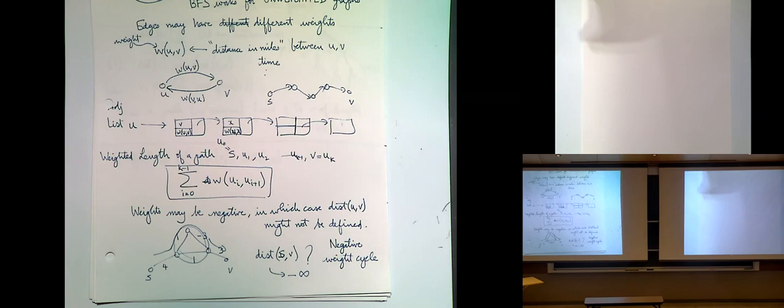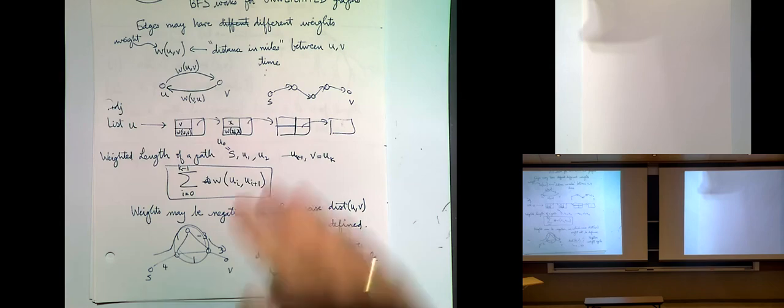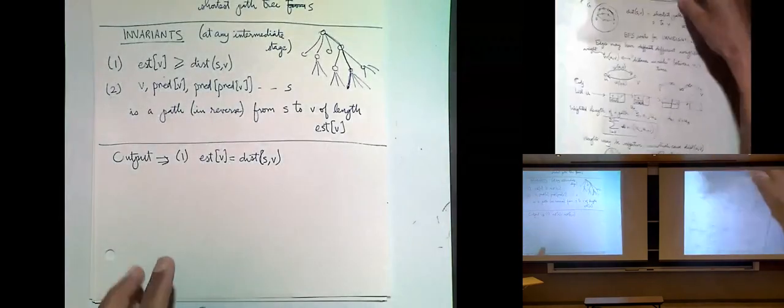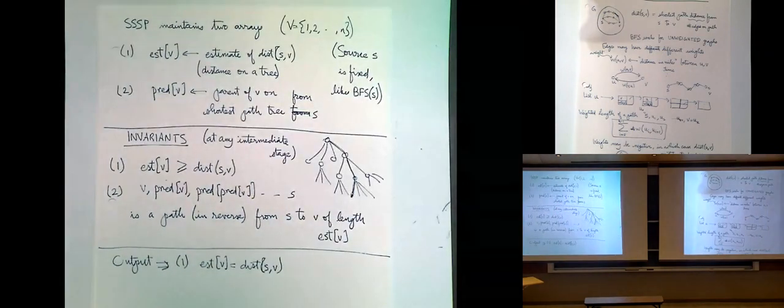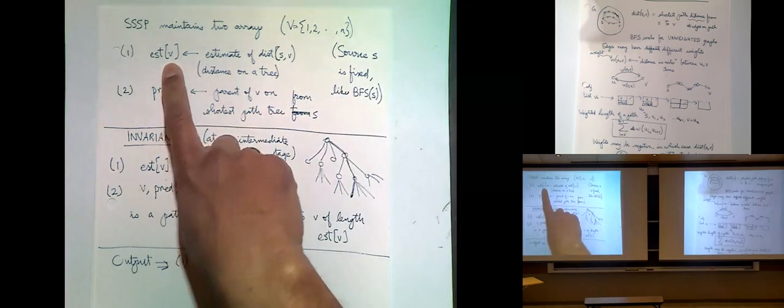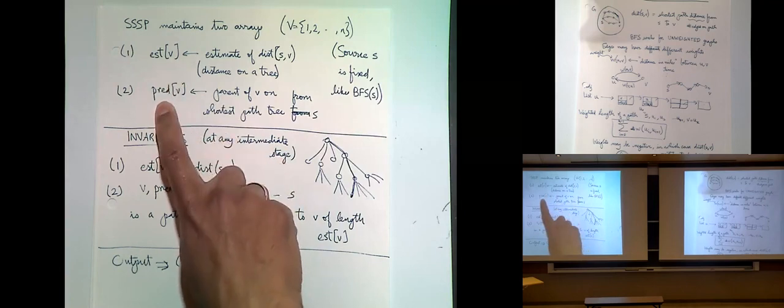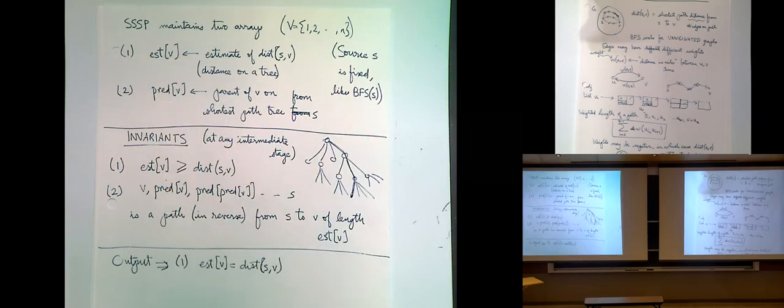Okay, so now as we discussed, the shortest path algorithms that I'm going to talk about work in a way analogous to BFS. They maintain these two arrays. One is the estimate array, and one is the predecessor array. The predecessor is just like the predecessor in breadth first search, right?